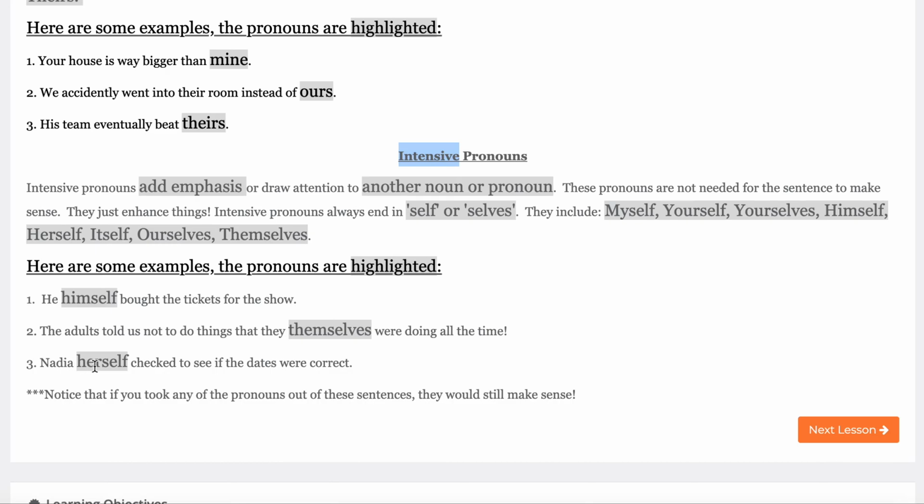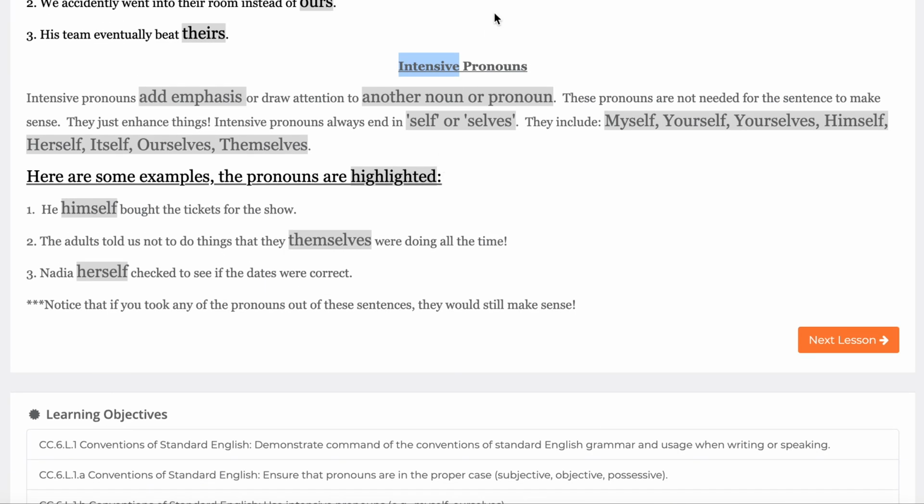Nadia herself checked to see if the dates were correct. So again, we added that herself in there for emphasis. But we could say, Nadia checked to see if the dates were correct. And it would make perfect sense without that herself there. So just remember, an intensive pronoun is an added emphasis, not needed. I hope this helps.